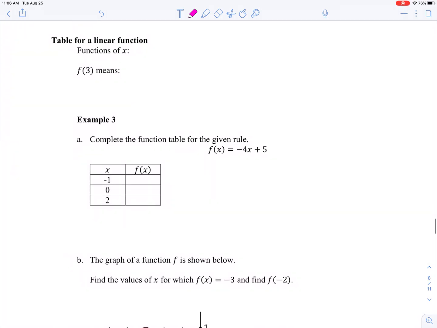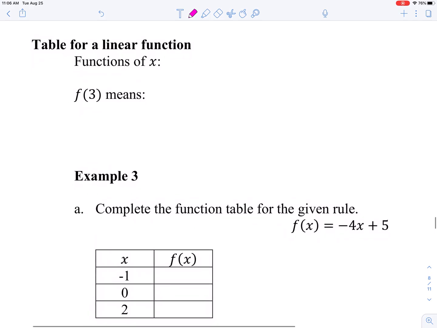Alright, let's see. So notation here, this is important. For functions of x, f with a 3 in the parentheses, what does that mean? It means a couple things, right? The way we say it is, f of 3.